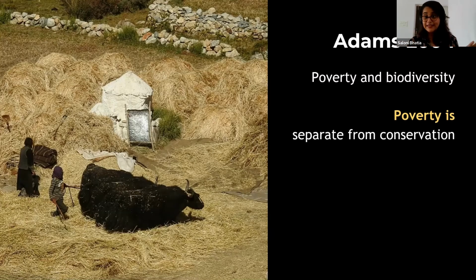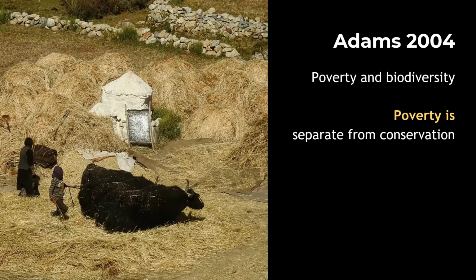They are completely separate realms, and conservation has nothing to do with poverty. Conservation need not address that goal at all. A typical example of this would be a protected area network, where the priority of a conservation organization might be just conservation without really benefiting the community in any way. Would someone like to say something?